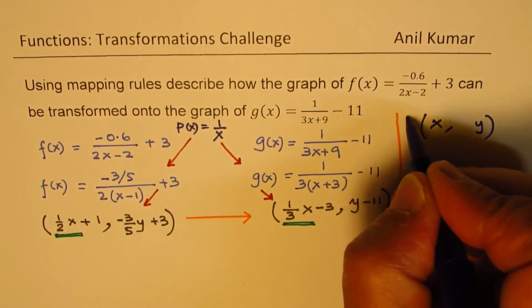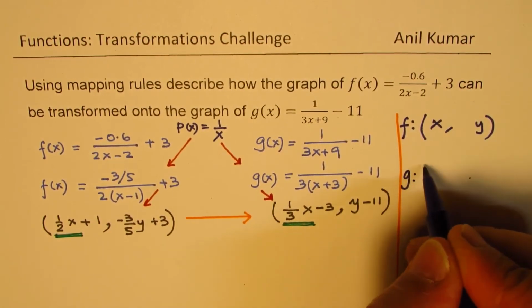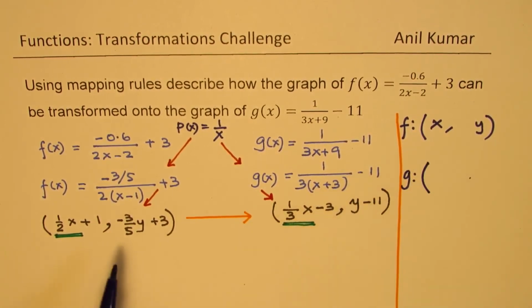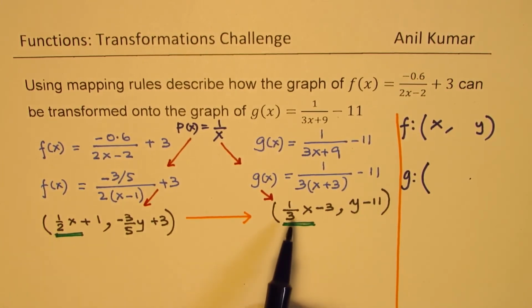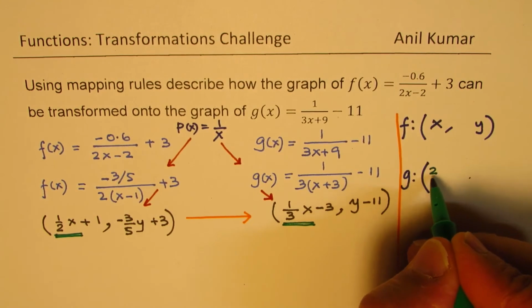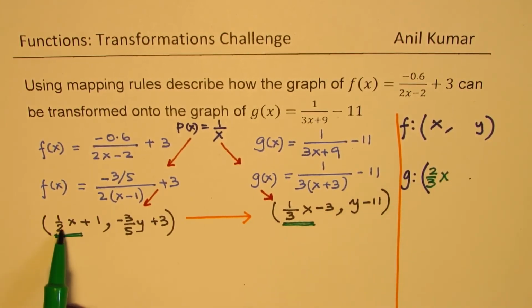Then on g, horizontally I have to multiply by 2 over 3 to get the result. Is that clear to you? So this point here should be 2 over 3 times x, comparing these two values, right?